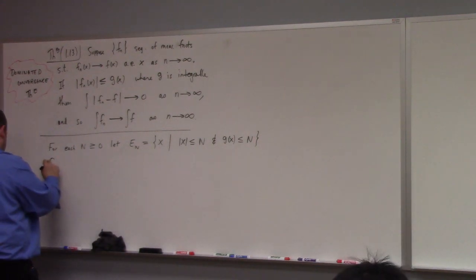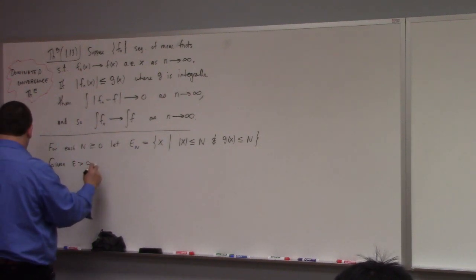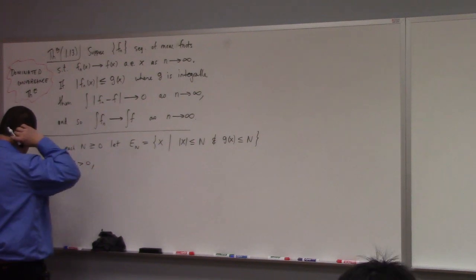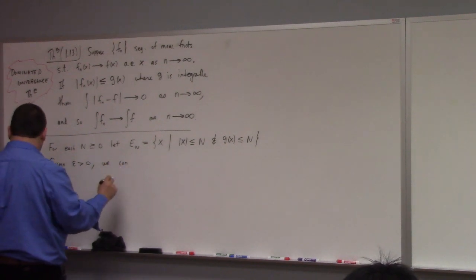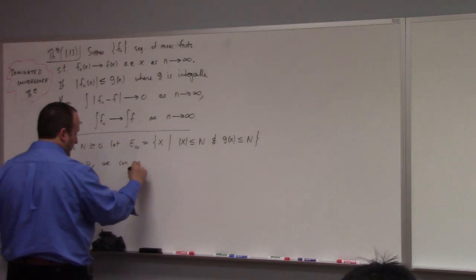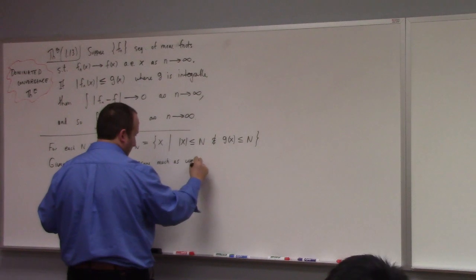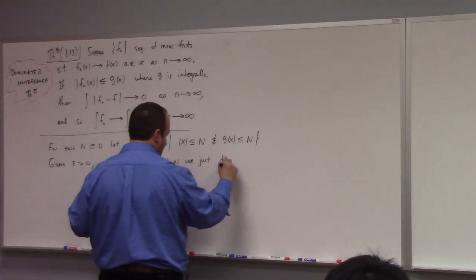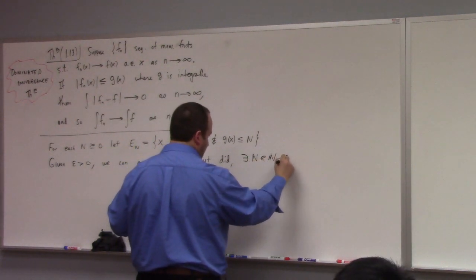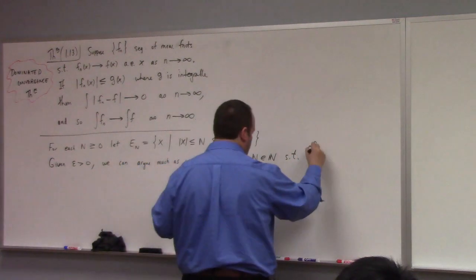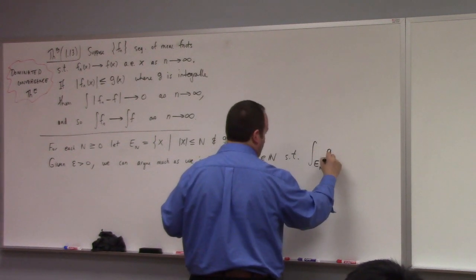He says, given epsilon greater than 0, we may argue, as in the first part of the previous lemma, much as we just did for the proposition, there exists n such that the integral over the complement of En of g is less than epsilon.